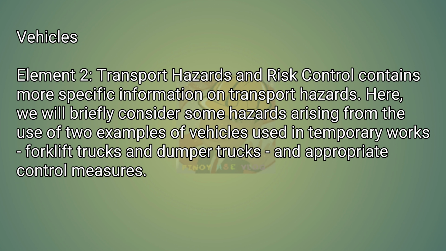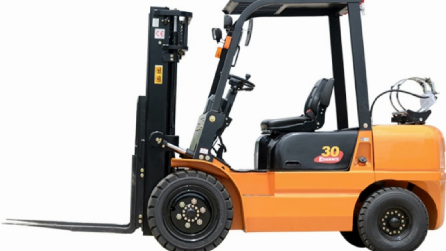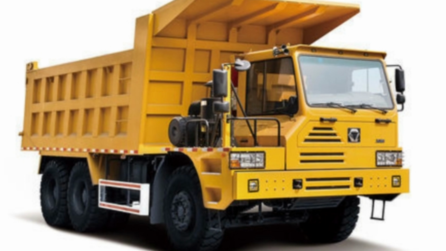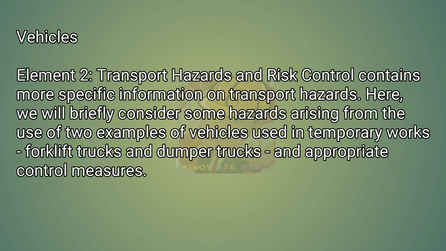Vehicles. Element 2. Transport hazards and risk control contains more specific information on transport hazards. Here, we will briefly consider some hazards arising from the use of two examples of vehicles used in temporary works, forklift trucks and dumper trucks, and appropriate control measures.